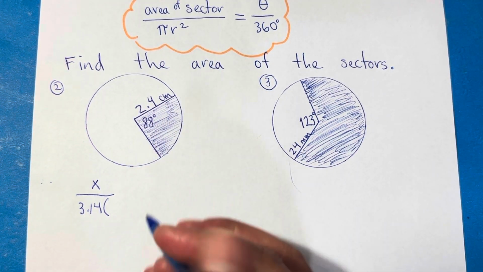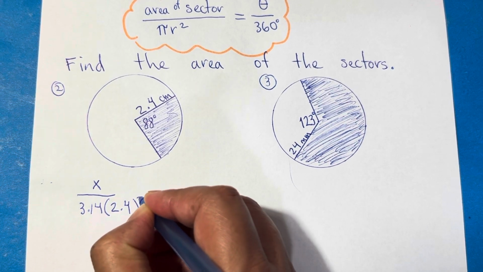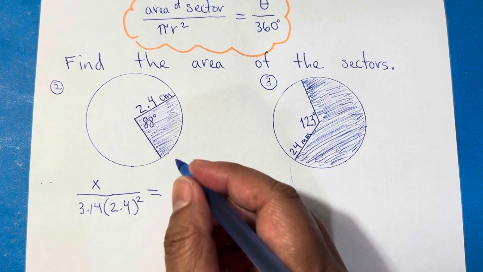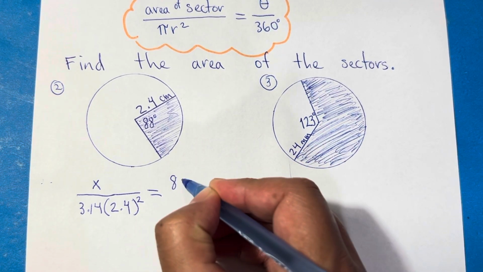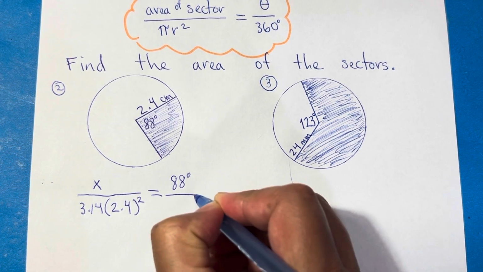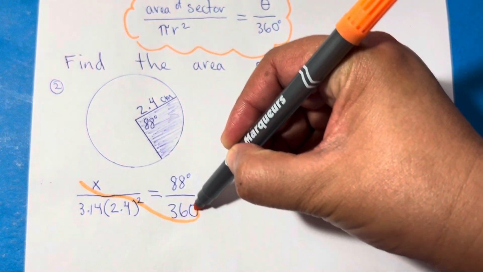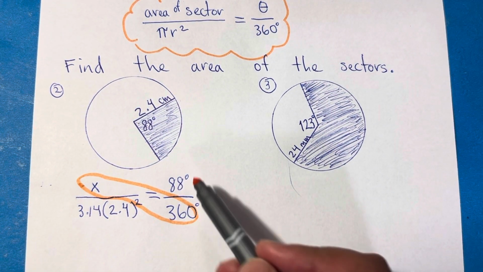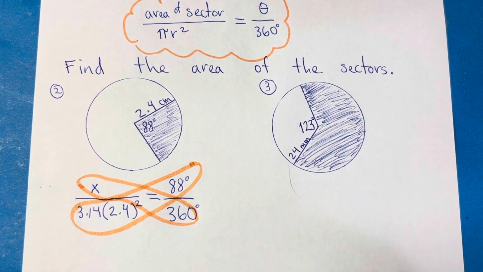The radius in here is 2.4 centimeters squared, equals the degrees of that angle, which is 88 degrees over 360 degrees. We create the butterfly, we multiply the values in that wing, equals the multiplication of the values in the other wing of that butterfly.